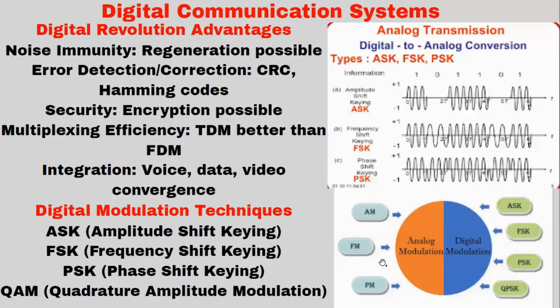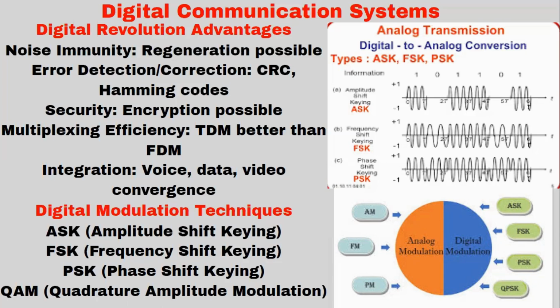Now come to digital communication. Now we are in the digital era, so for digital communication you have to study more or refer more. So what are the advantages? The digital revolution advantages: it is good for noise immunity compared to analog. Regeneration is possible, error detection and correction, CRC, Hamming codes.